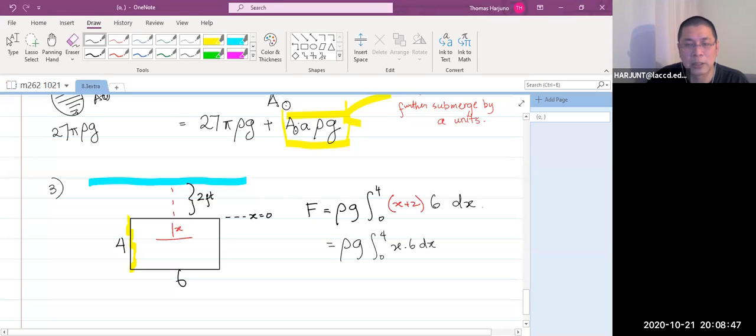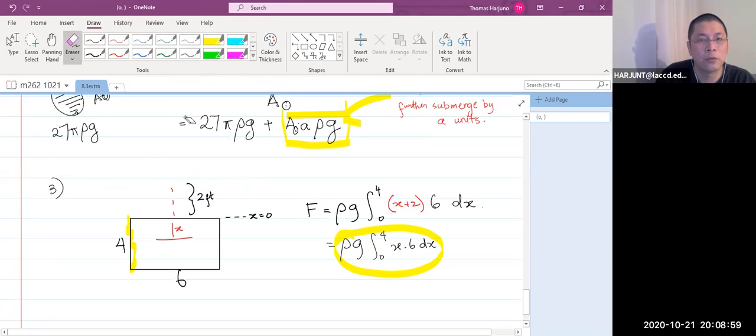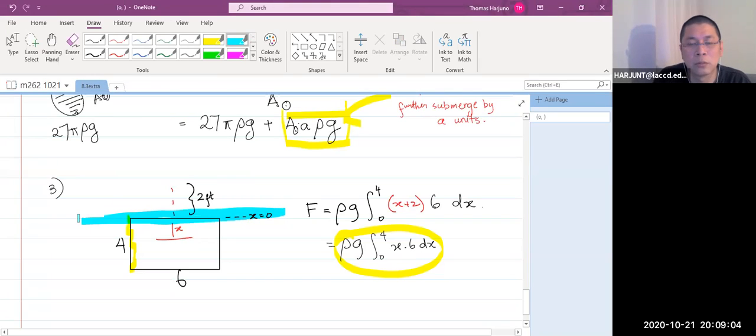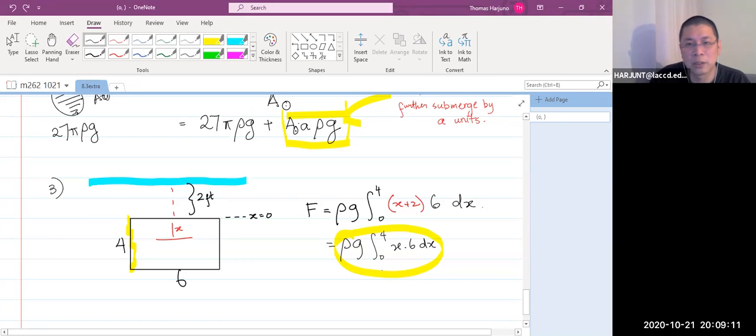Notice that this is basically the integral expression if your water is actually there, plus rho g integral from 0 to 4 of 2 times 6 dx.